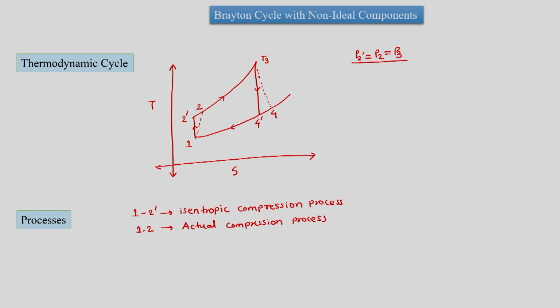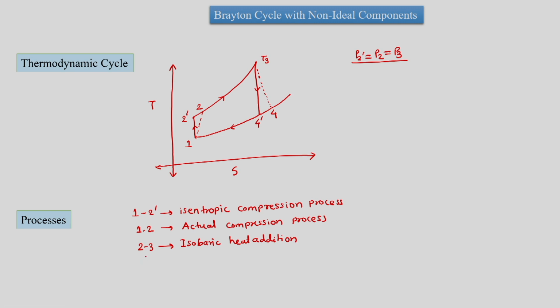Then we have 2 to 3, which is isobaric heat addition. This process is still ideal for us.